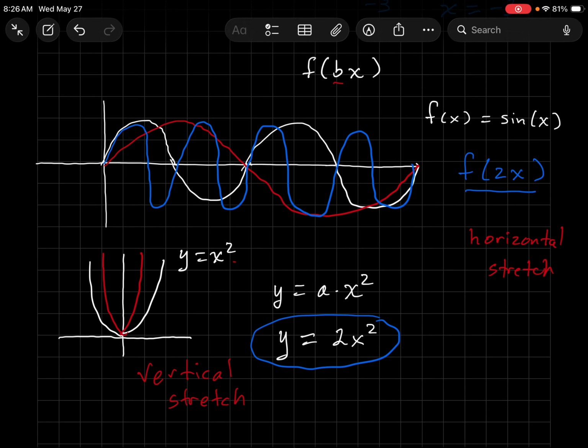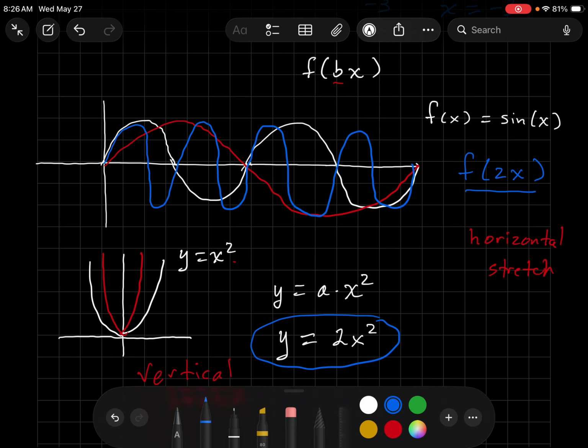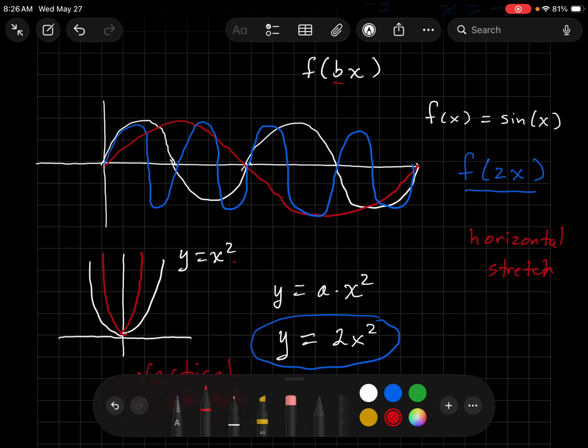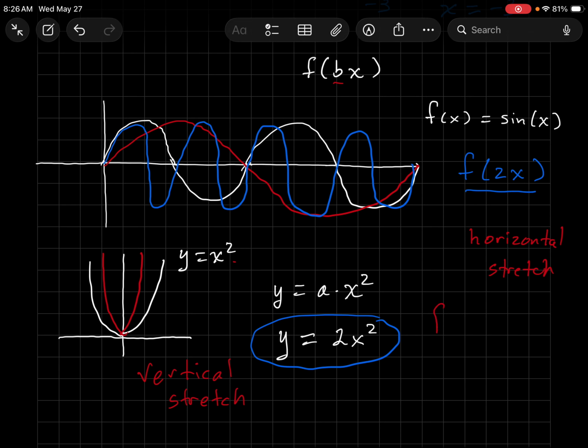Now, what do you think the equation of the red graph is? If you said f of 1/2 x, you are correct. Because at a given y value, we're getting to x's 1/2 as quickly. So once again, when we're dealing with inputs, it almost seems like we're doing the opposite of what we should. But we're not. The math is doing what it's supposed to do.